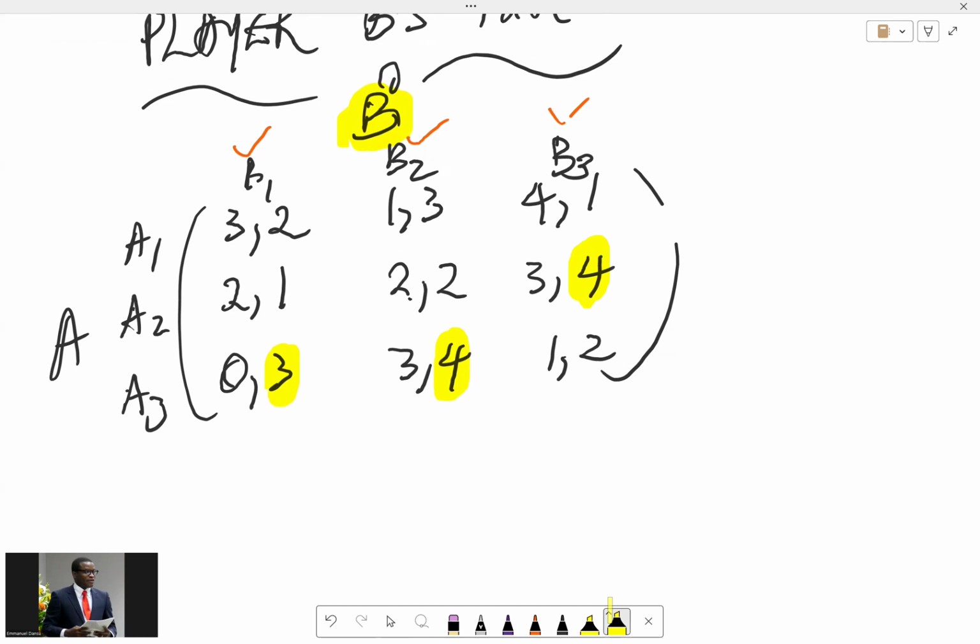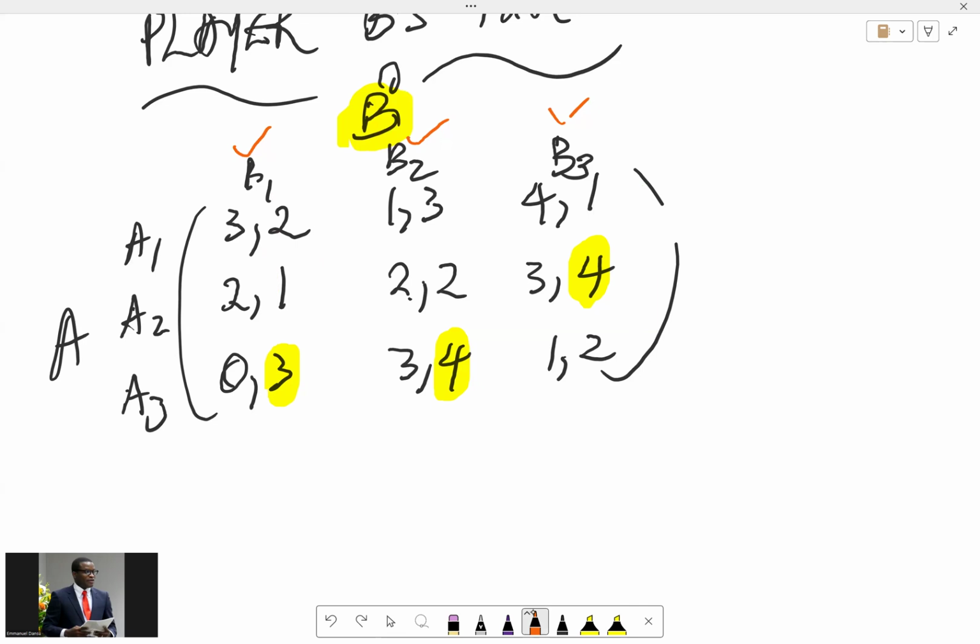So here now we have 2, 3. If you look at this, 2, 1, 3: 3 is the highest. 3, 2, 4: 4 is the best. Then 1, 4, 2: 4 is the best.